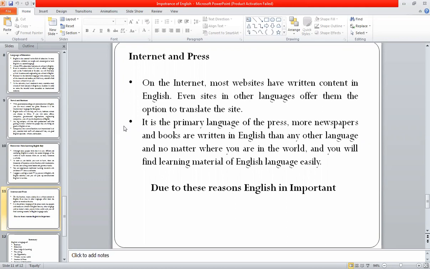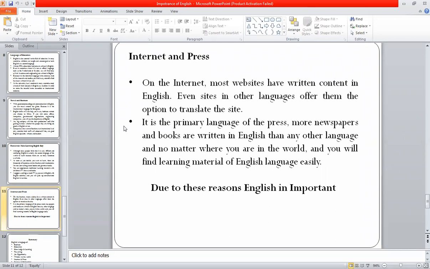So when you search any word on Google, you will find many links which pop up when you start searching. And you will find that most of the content is written in English language and no other language.